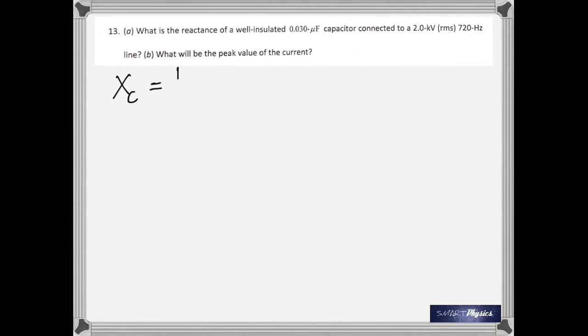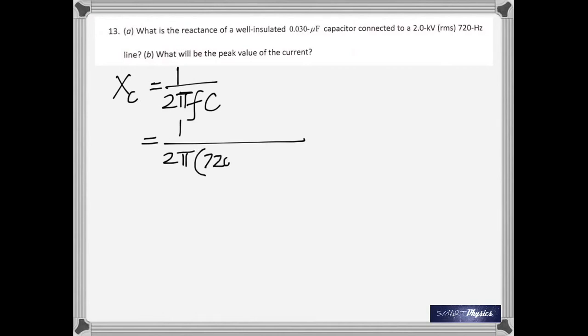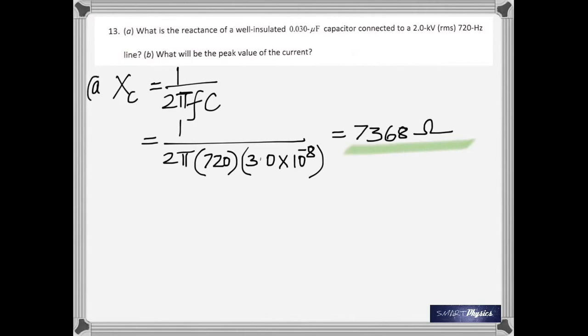Now capacitive reactance is 1 by 2 pi Fc. Therefore, frequency being given as 720, capacitance is in microfarads, so it's 3 times 10 to the negative 8 because it's 0.03 times 10 to the negative 6.